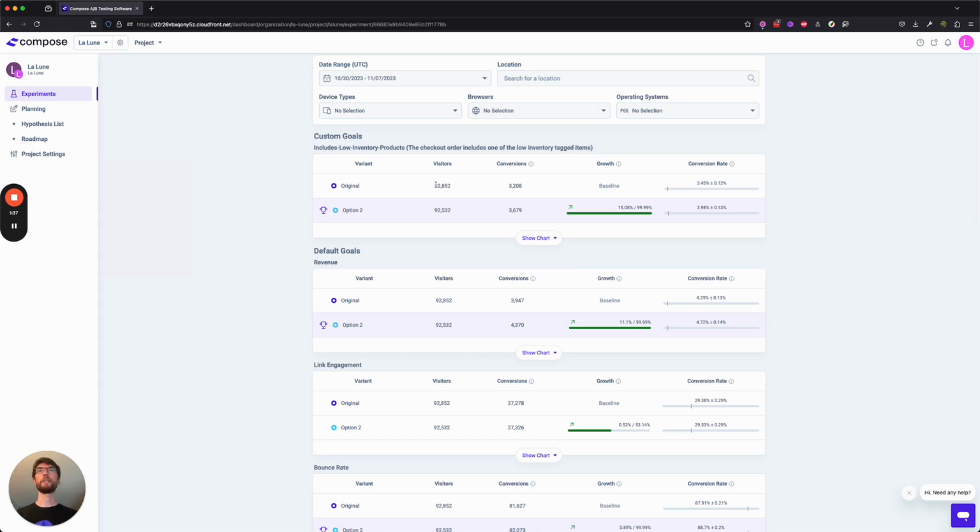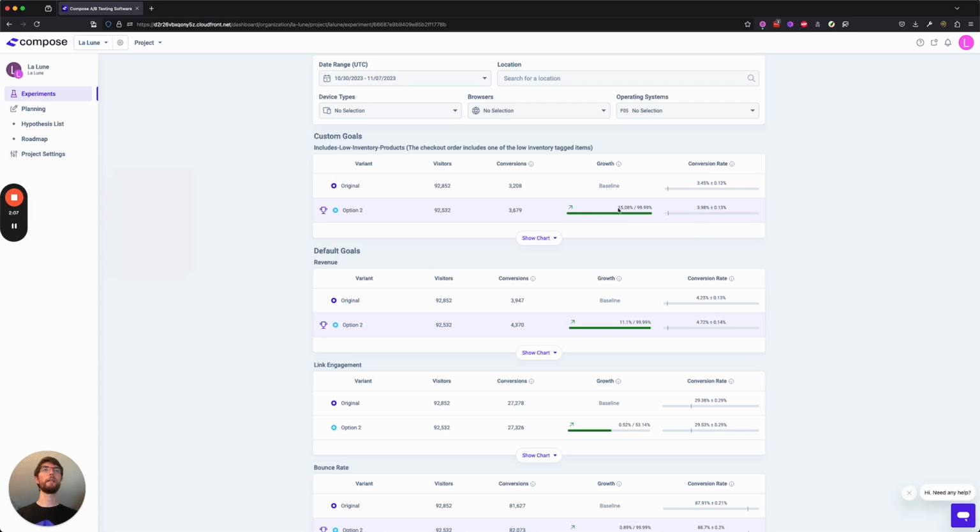We can see the visitor count that each variant is getting. We can see the number of conversions that each of those variants is getting. We can see the improvement that our option 2 has over the original and the confidence in that improvement. And we can also see our conversion rates of the original and our option 2.